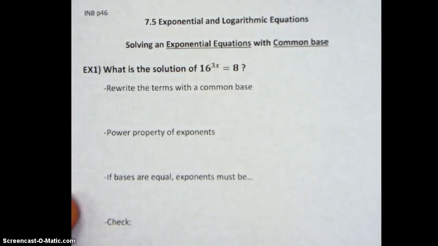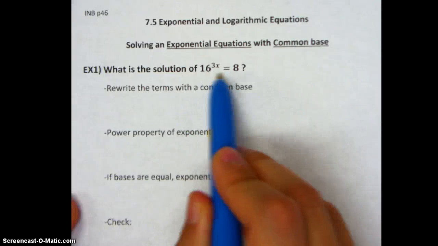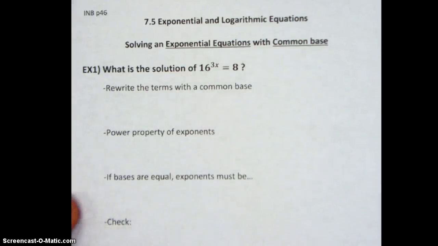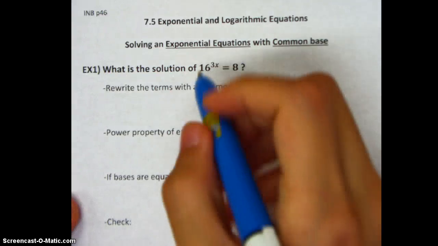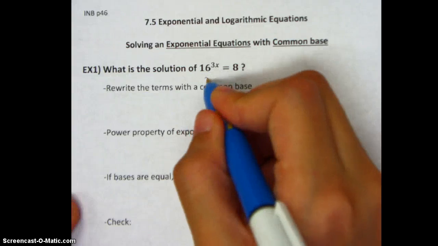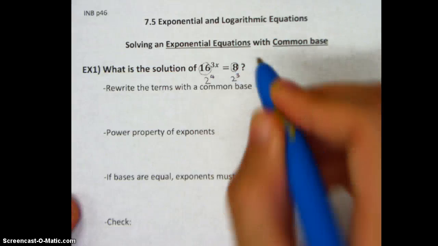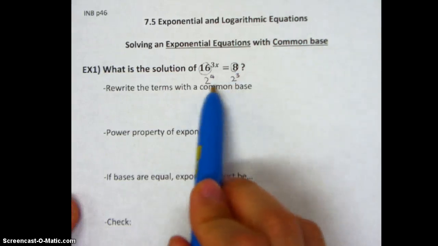So you look at the bases, which are 16 and 8, and ask yourself if there is any common base. So 16 is what to what power? Well, we know that 2 to the 4th power is 16, and 8 is 2 to the 3rd power. So we do have a common base, which is 2.